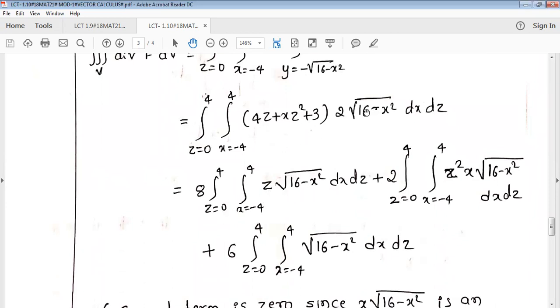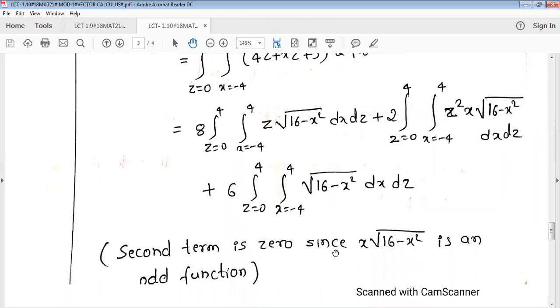Now we'll multiply it separately. 2 into 4, 8z square root of 16 minus x squared dx dz, plus 2xz squared square root of 16 minus x squared dx dz, plus 3 into 2, 6, square root of 16 minus x squared dx dz. Now the second term is 0 since x root of 16 minus x squared is an odd function.